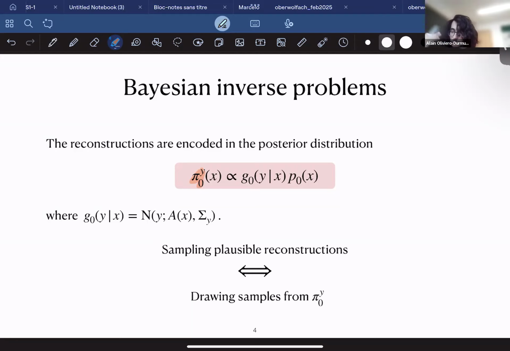So you cannot use, let's say, traditional MCMC algorithms. You need to use some kind of adaptation.